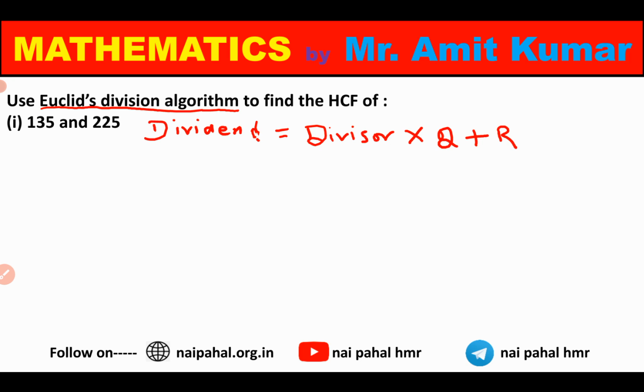We can let A be our dividend, B our divisor, and Q our quotient, plus remainder R.